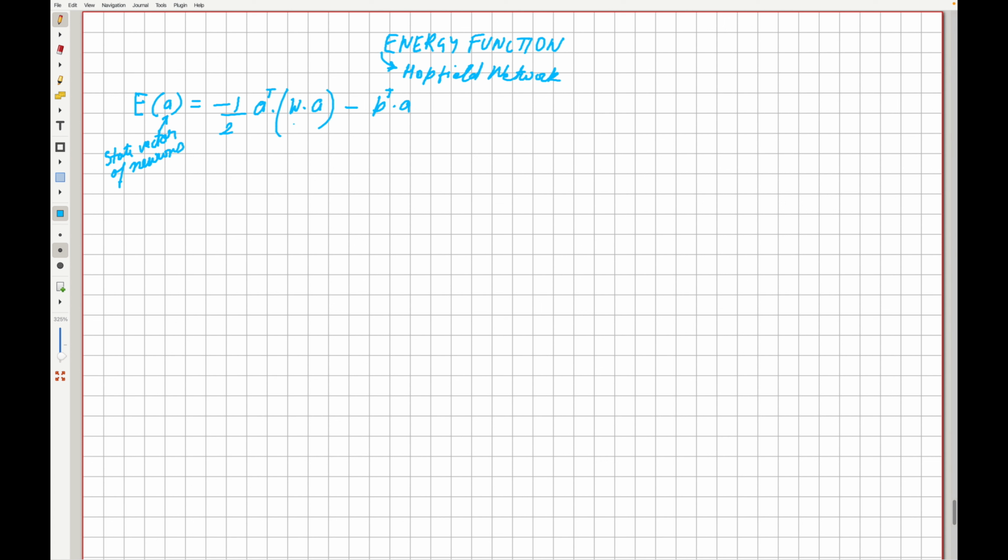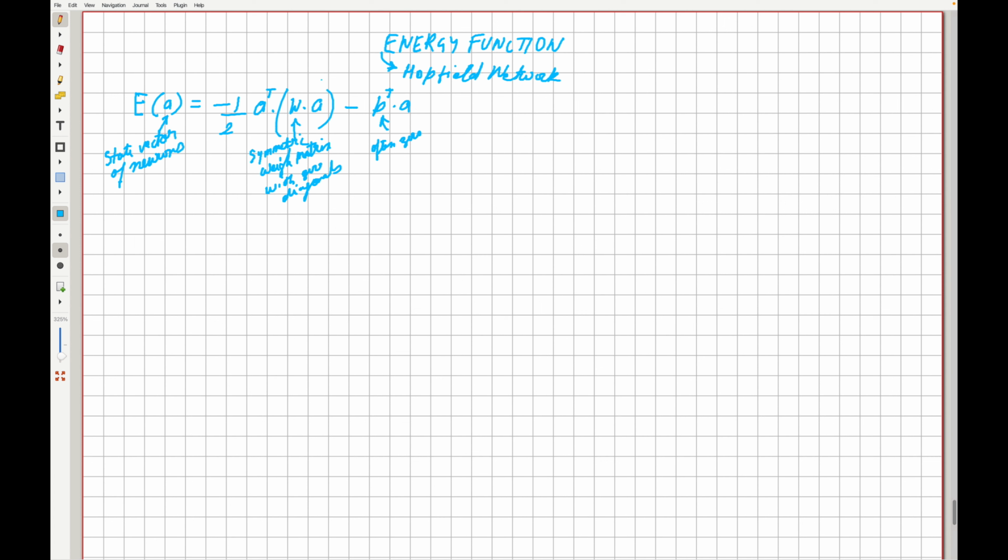W is the weight matrix, and in the case of the Hopfield network, it is symmetric. In addition, it has zero diagonals. And B is the bias term, which is often zero.